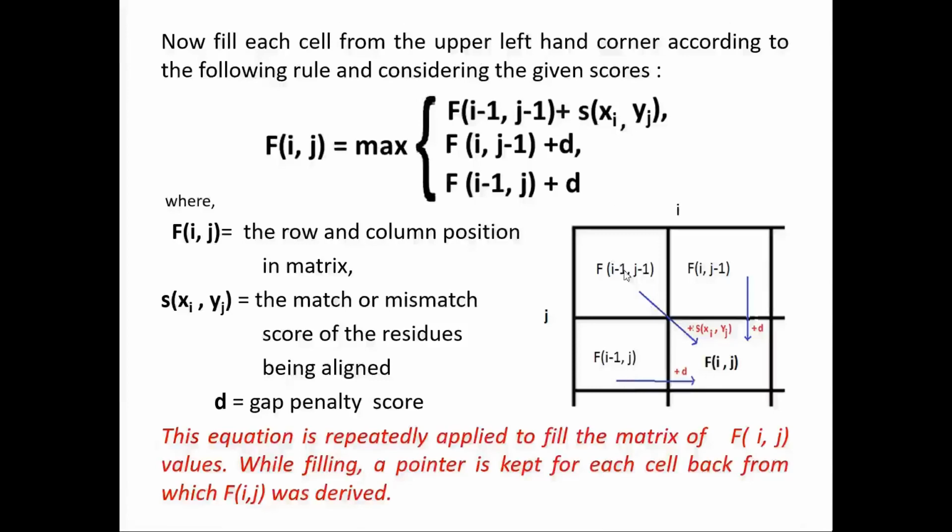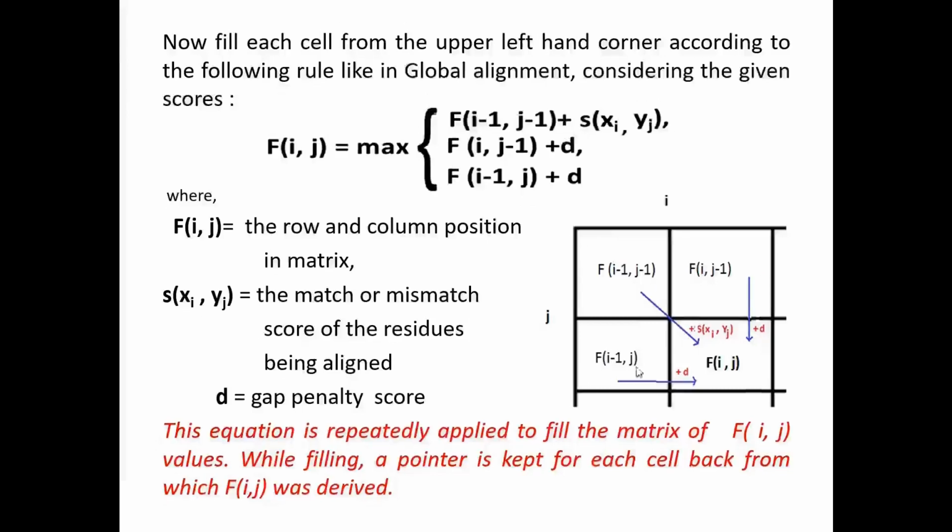So as per the formula, the value from the diagonal box has to be added with the score of the residues being aligned. It might be a match score or a mismatch score. And for the other two boxes, the values in these boxes have to be added with the gap penalty score.